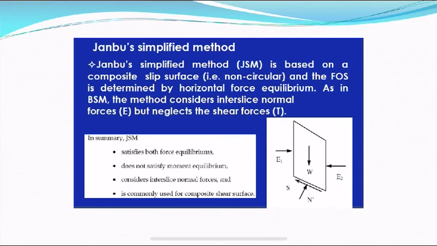In this slide, the free body diagram of a slice considered in the Janbu simplified method is shown, which is very similar to the Bishop simplified method, the difference being that it does not satisfy moment equilibrium, only force equilibrium, that is vertical and horizontal, is satisfied.